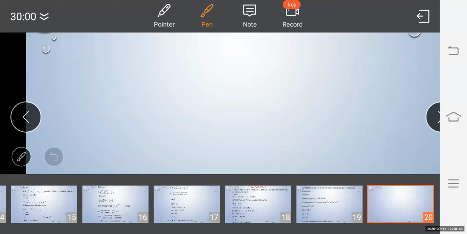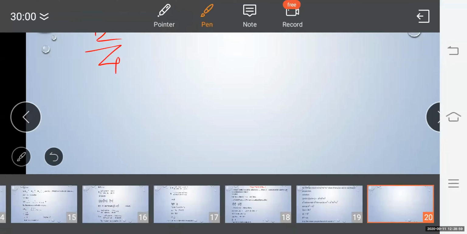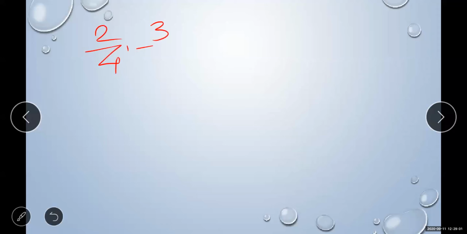What are they? Suppose the questions given are 2 upon 4, 3 upon 6 and 4 upon 8. You can see all these ratios are equal. Why are they equal? Because all values are 1 upon 2.